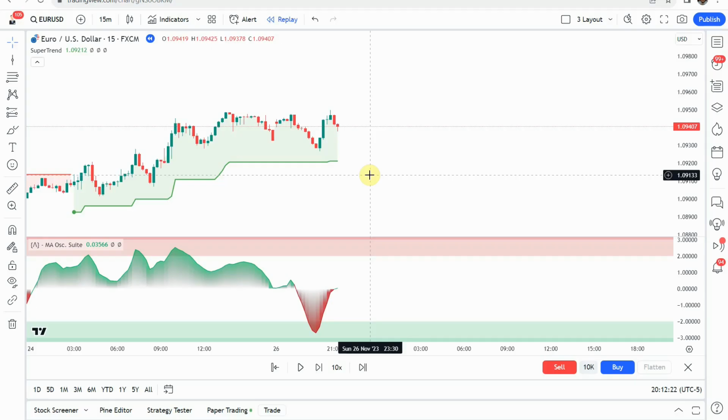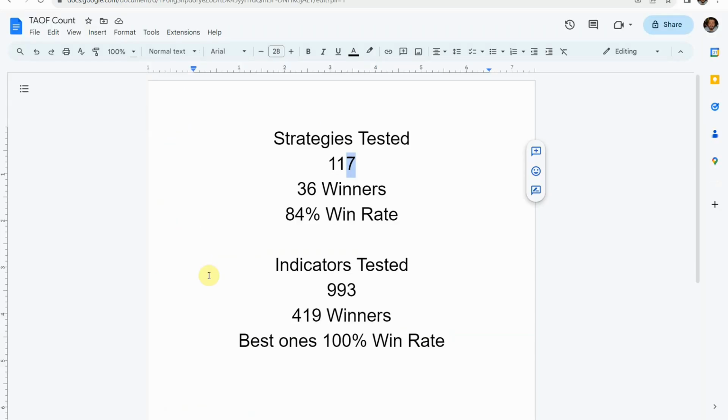Alright, as I said, today we are testing a 15-minute day trading strategy. Before we do though, I wanted to put the testing scoreboard up for everyone to see. To date, we have tested a total of 117 different strategies, with 36 of them being winners. The best one so far was able to achieve an 84% win rate.